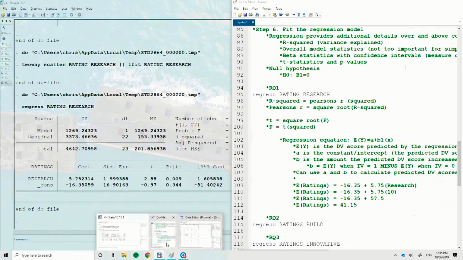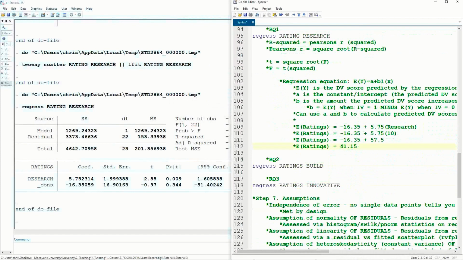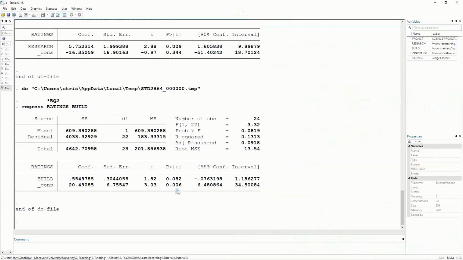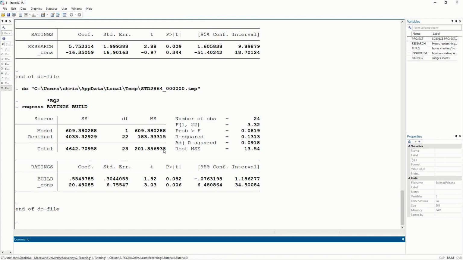Now let's very quickly go through and do that again for our other regressions, so we can look at rating and build. Here we see that our p-value is non-significant. This is not surprising given our correlation. We can see that our R² is 13%, so 13.3% is explained. And then we can see that for someone who spent 0 hours building, their expected rating is 20.5.